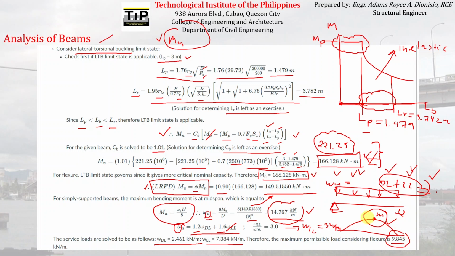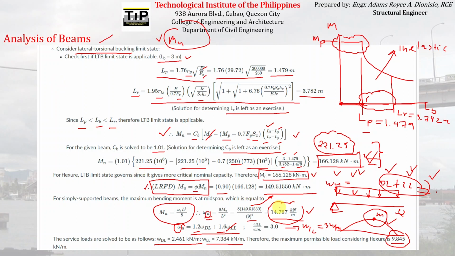Okay, so that is how you analyze a flexural member with respect to flexure. Okay, so with respect to flexure pa lang yan, yung mga kinompute natin na yan. Okay, so the question asks for checking with respect to flexure as well as for shear and deflection effects.